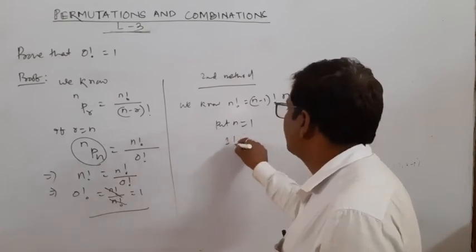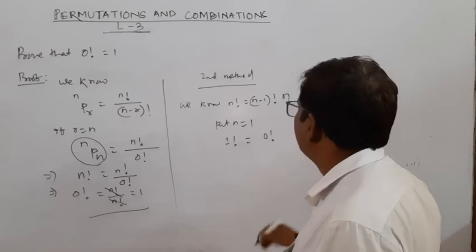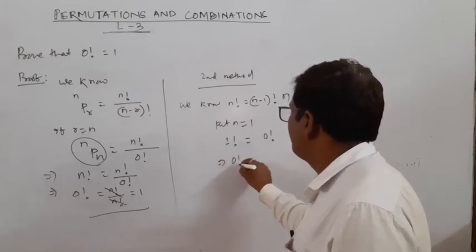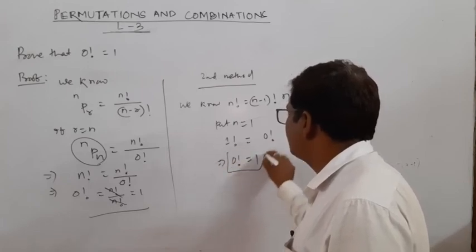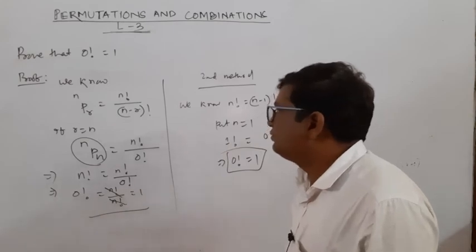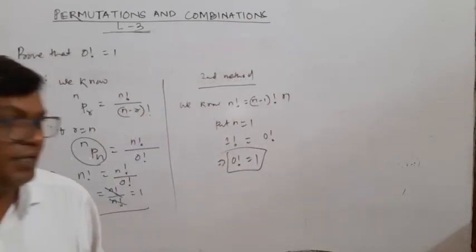So 1 factorial equals 0 factorial into 1, so 1 factorial equals 0 factorial. That is, 0 factorial equals 1 factorial, which means 1. This is another method to prove it. Clear? Then some problems based on nPr.